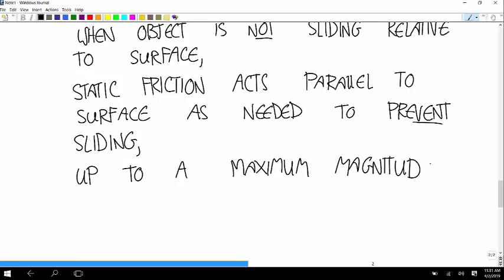And this maximum magnitude of the force of friction is equal to the coefficient of static friction, the Greek letter mu sub s for static, times the normal force.